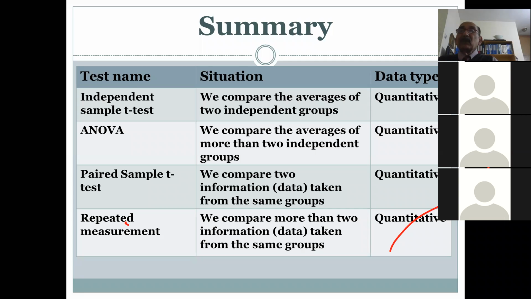If your data is quantitative and you want to compare two sets of data taken from the same group, before and after, you will apply the paired sample t-test. And if your data is quantitative and you want to compare more than two sets of data taken from the same groups, then you will apply repeated measures.